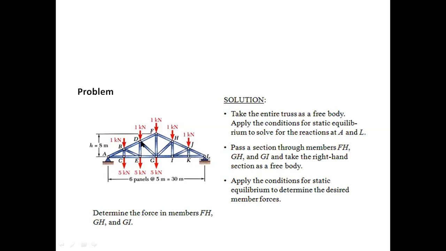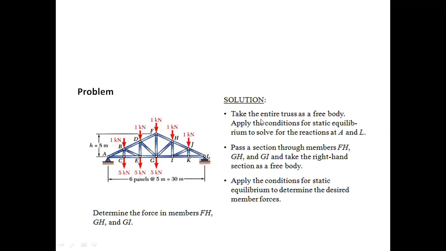So only these members are calculated and the rest are known. So how can we solve this? Now the height of the truss is given as 8 meter, and 6 panels at the rate of 5 meter each is equal to how much? 1, 2, 3, 4, 5, 6: 30 meter.